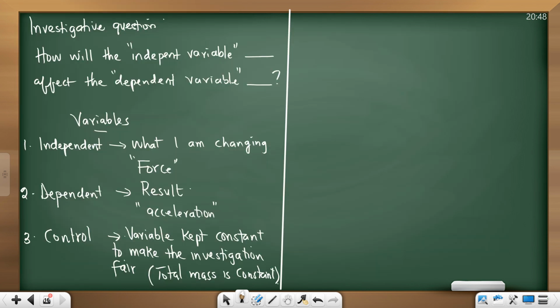So in this case, you just write, how will, let me add something. Let's clean that. How will a change, I missed that word, in the force, independent, I missed the spelling there.